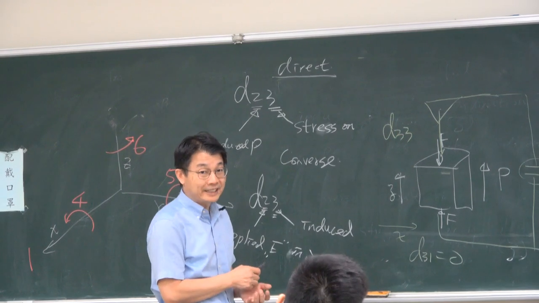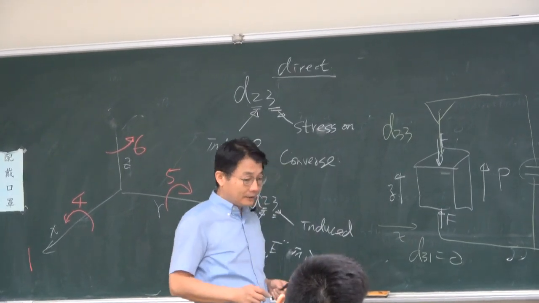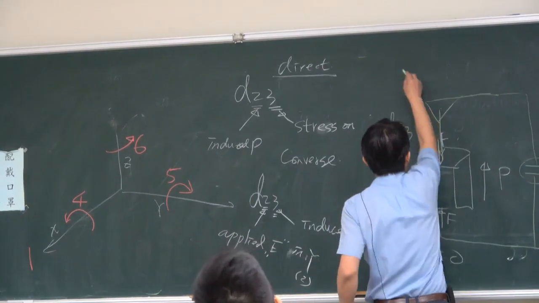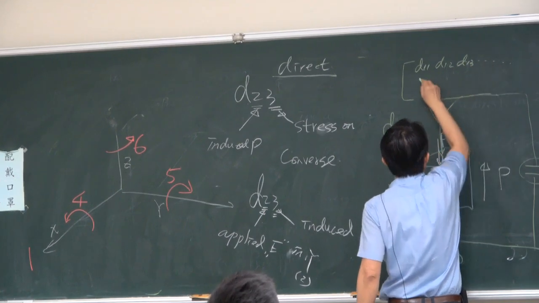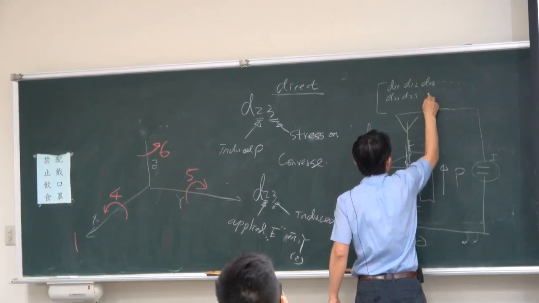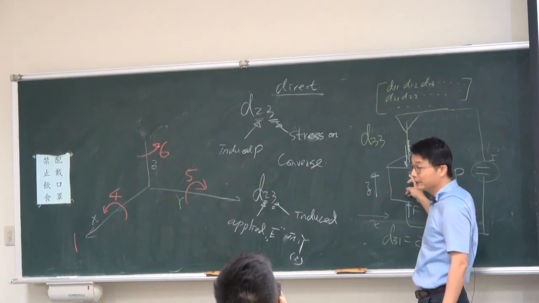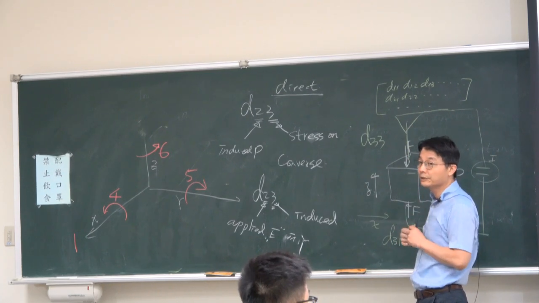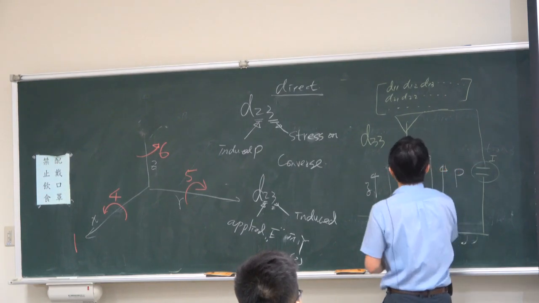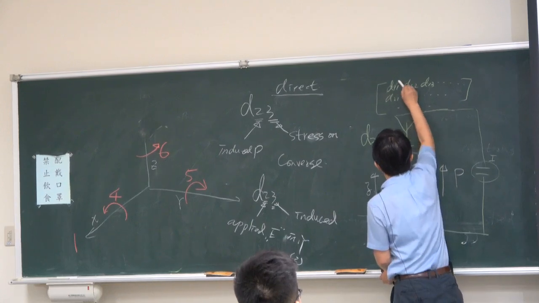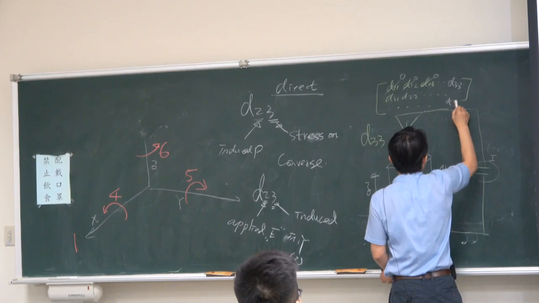That's why we need to use this notation to represent every constant. You have the array, for example D11, D12, D13, D14, depending on what symmetry the material has. Some materials, for example zinc oxide, will have 0, 0, 0 and only D33 has a value.